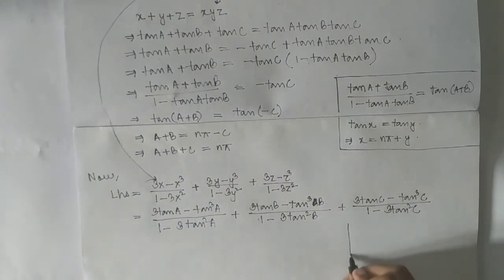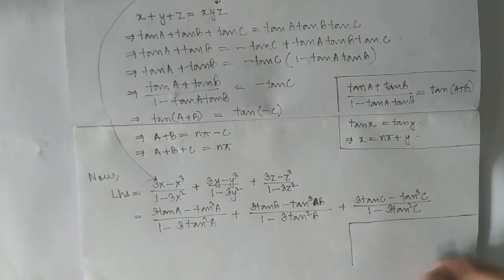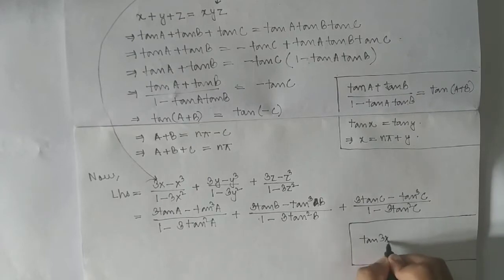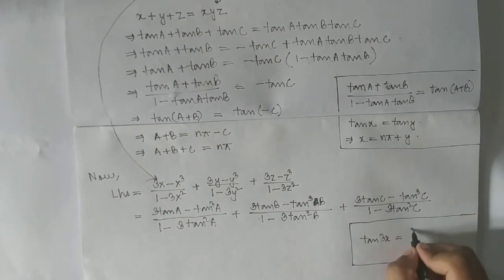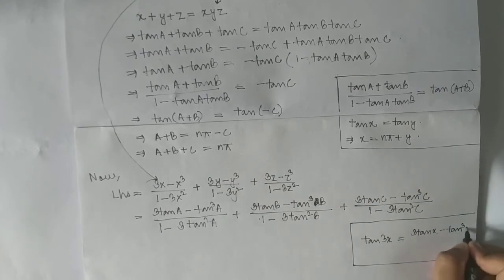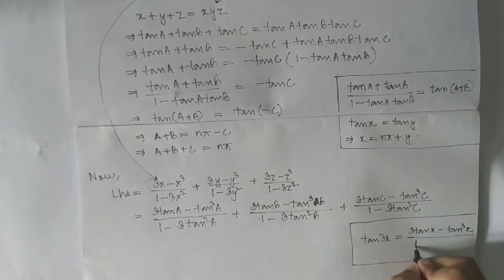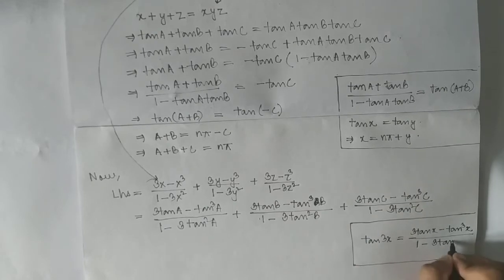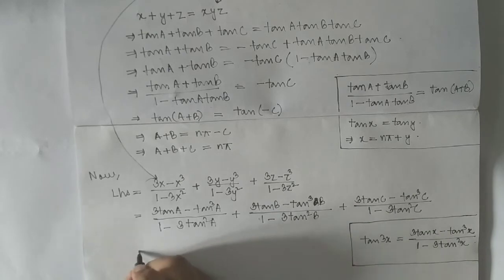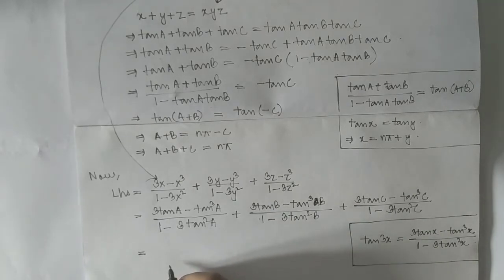Now I know the formula, that is tan of 3x is equal to (3 tan x minus tan cube x) divided by (1 minus 3 tan square x). So I can substitute it in the given equation.